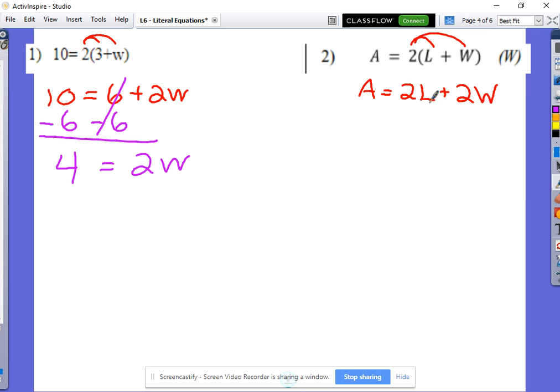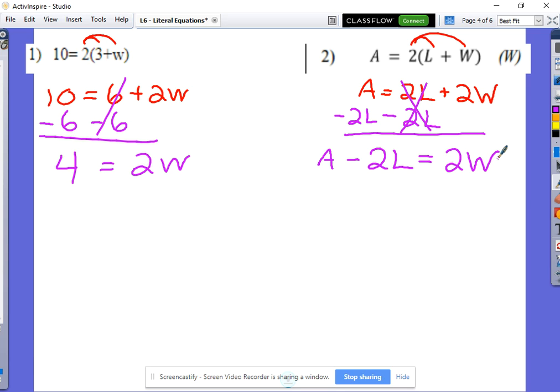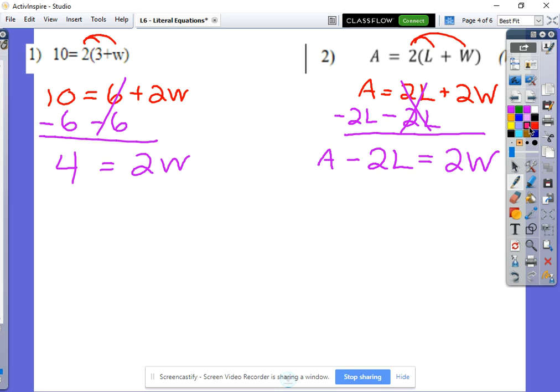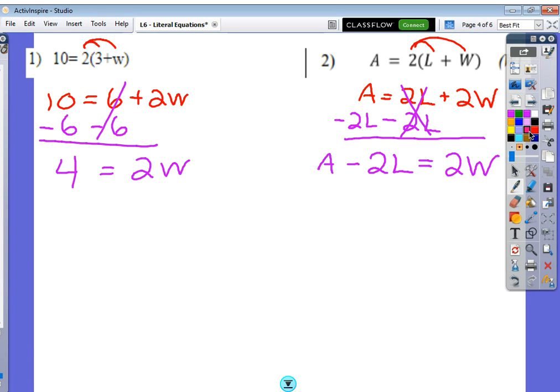How do we move a positive 2L to the left-hand side? Subtraction. So subtract 2L from both sides. Now this one you have to write side by side because you can't combine those. So A minus 2L equals 2W. So you see now that they're almost the exact same thing. We're left with 2W and 2W in both of our equations.